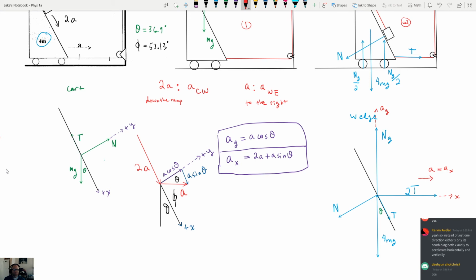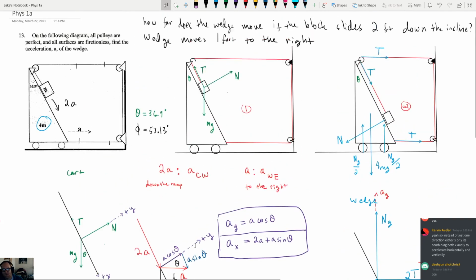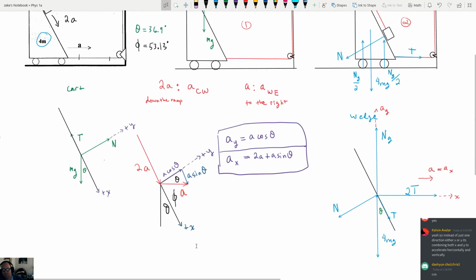As the wedge is getting pulled in, the wheels and the block are exerting normal forces. The normal force of the wedge on the block is causing the block to move. Is that what you're saying? Yeah, that's right. As the pulleys are causing tension, it's causing the normal force of the wheels of the wedge and the block to move. You got it. That's right.